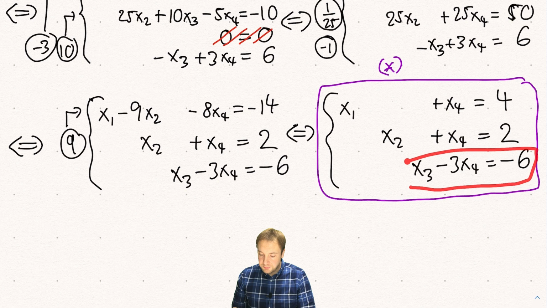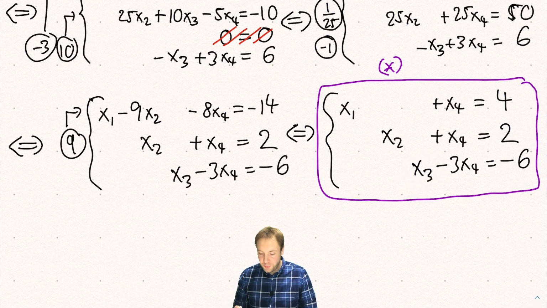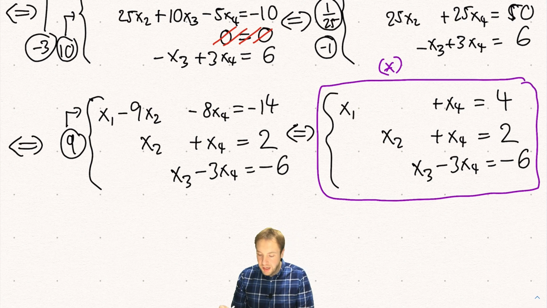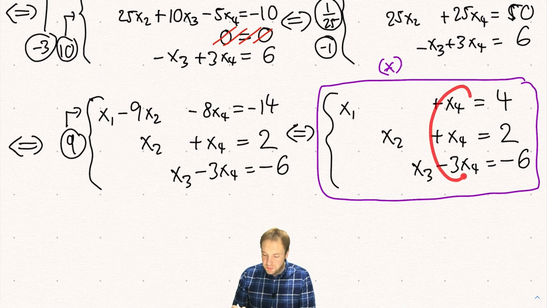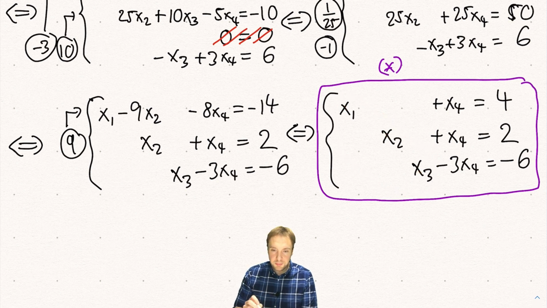And the third equation is the only equation where x3 appears. So we see here that this x4 can be arbitrary, and if we choose some value for x4, we can get a unique value for these x1, x2, and x3.